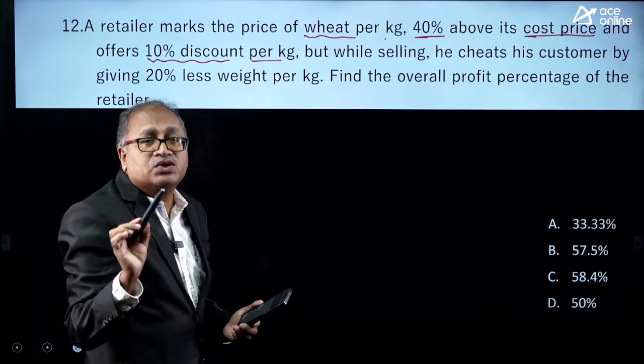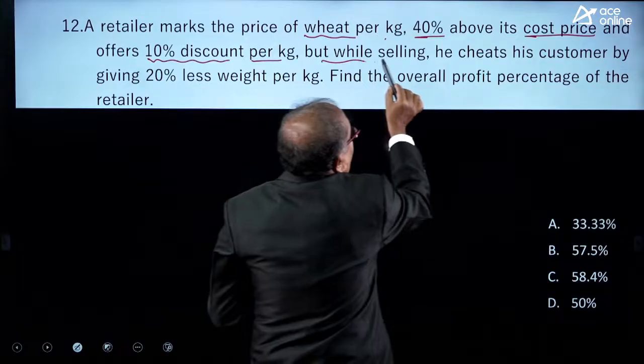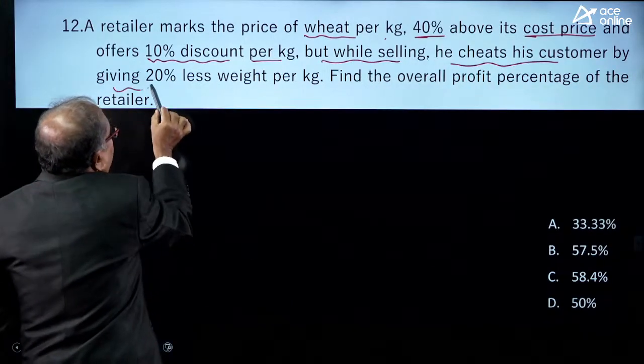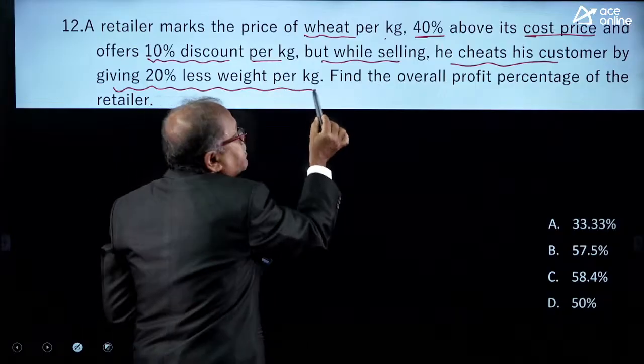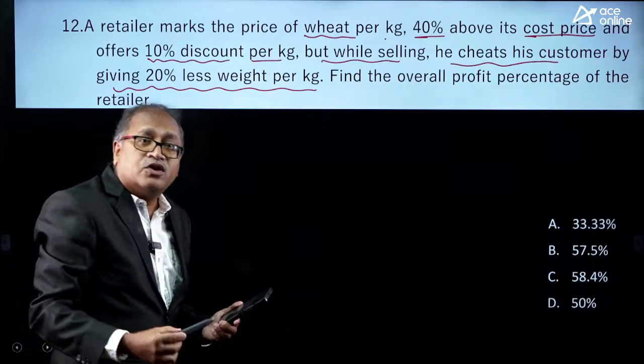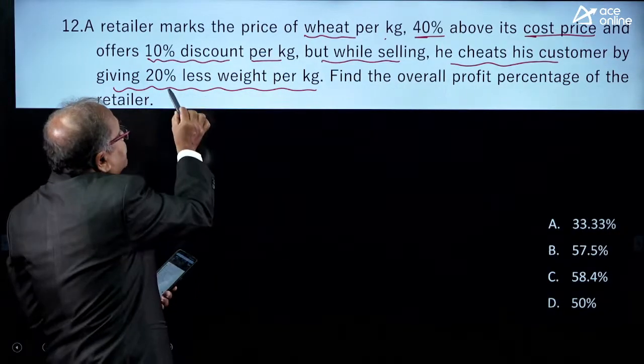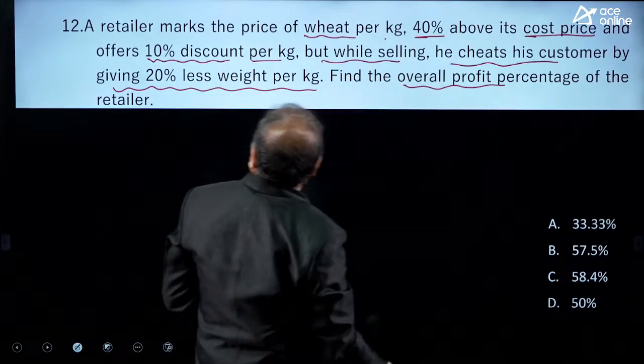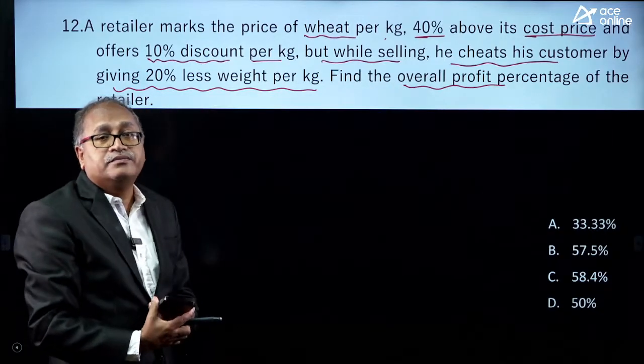Markup 40%, discount 10%. But while selling, he cheats the customer by giving 20% less weight per kg. So find the overall profit percentage of the retailer.